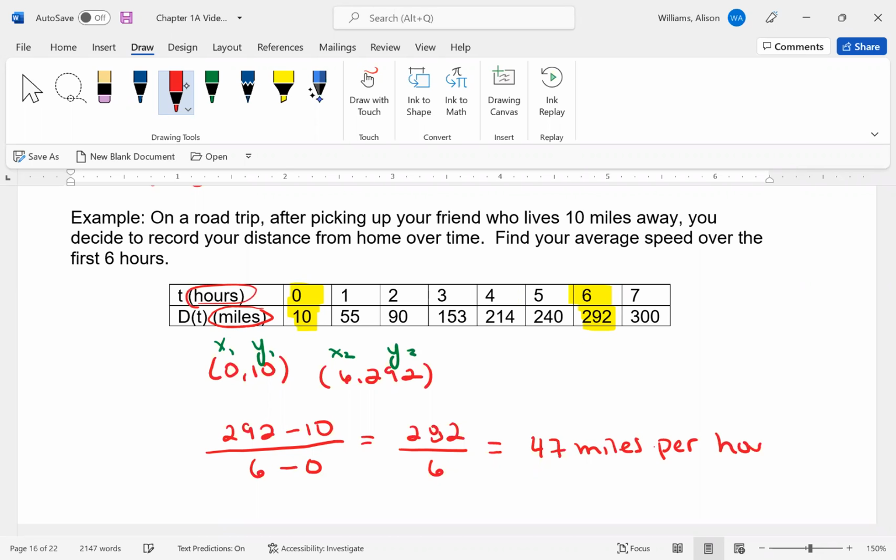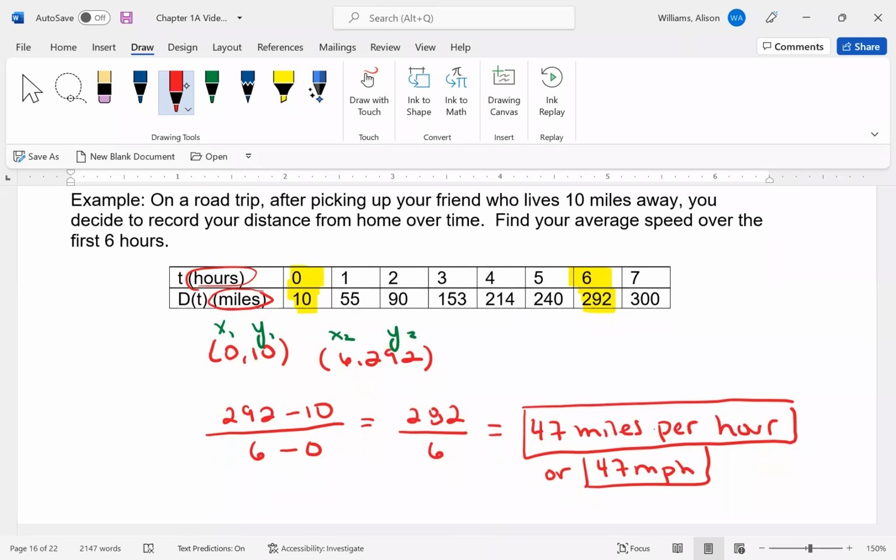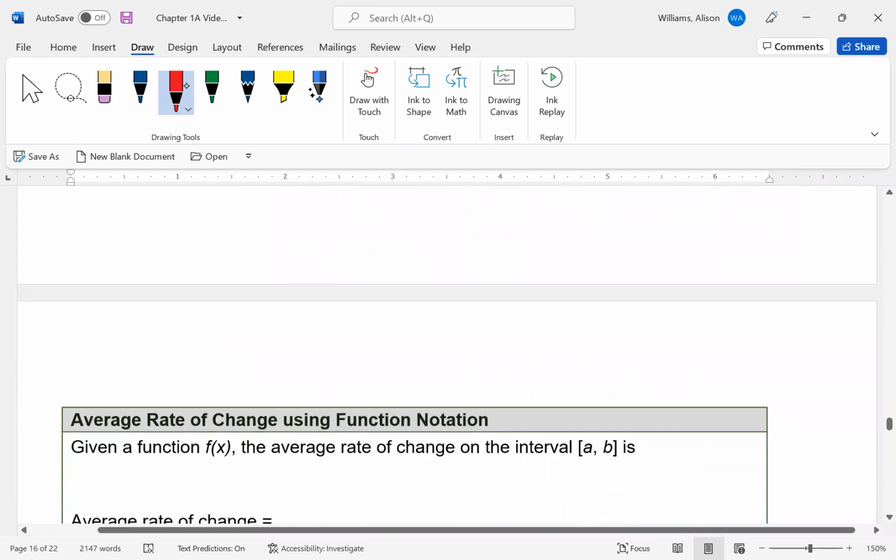So 47 miles per hour, which if we wanted to be clever, we could just write MPH, since most of us are comfortable with writing that as well. Both of them work. Now, what's another way of writing this formula using function notation?